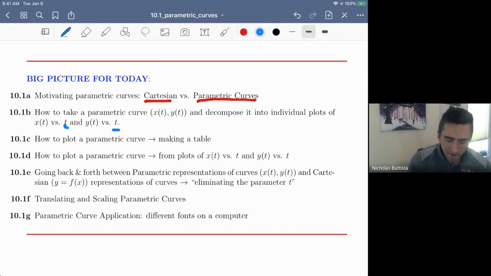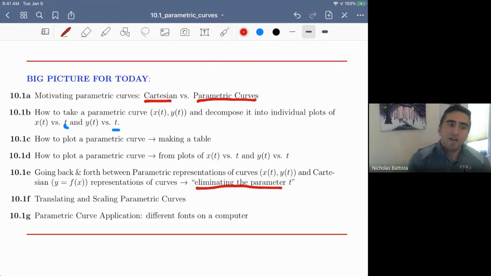We'll learn how to plot parametric curves a couple of different ways: making a table, which should feel reminiscent of how we plotted lines or parabolas when we first started, as well as using plots of the individual x versus t and y versus t functions to plot a parametric curve on the xy plane. Then we're going to learn how to go back and forth between parametric and Cartesian representations of curves, which I call eliminating the parameter t.